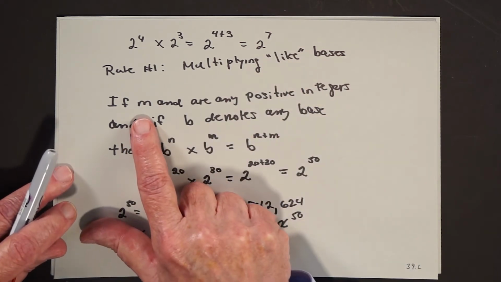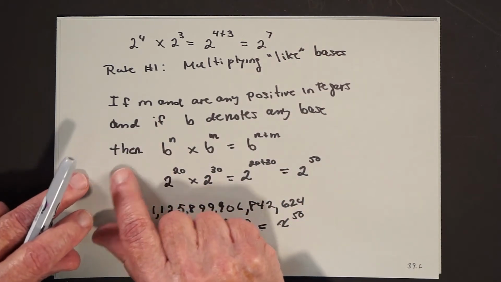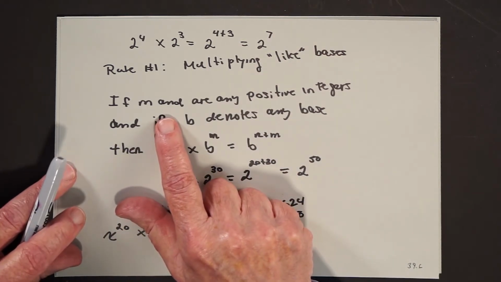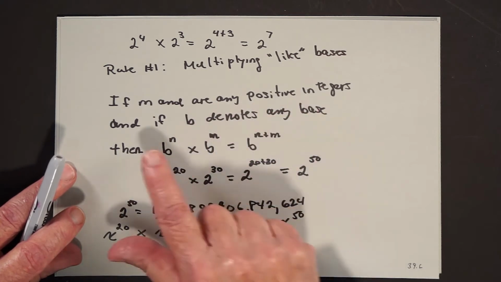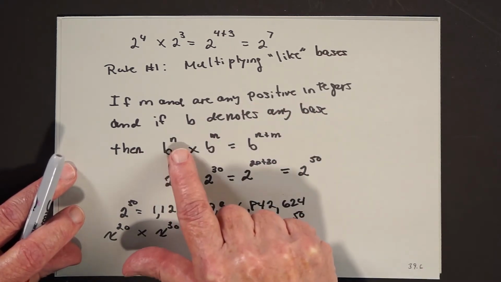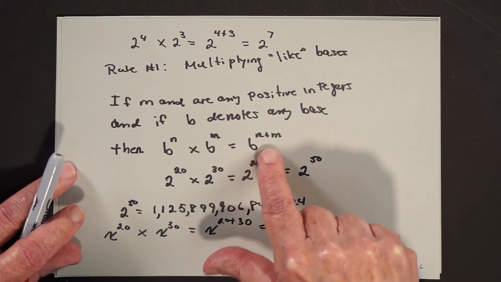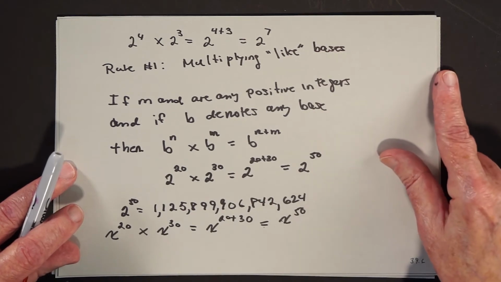And the way we state that mathematically to cover all these cases at once, and notice how ominous this can be if you're memorizing, if m and n are positive integers, and if b denotes any base, then b raised to the nth power times b raised to the mth power is b raised to the n plus m power.